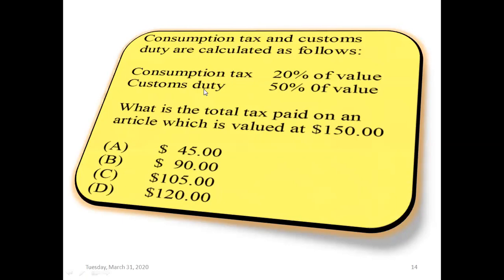Consumption tax is 20% of the value, so all you have to do is find 20% of 150. Then you find 50% of 150, and add those two amounts, and that will give you the total tax paid on the value.